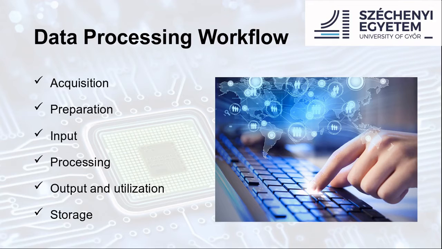After we get the previously prepared data, the next step is the input into a digital system. After input, we are able to process the digitalized data. Finally, we can utilize newly received information and store them for later use.